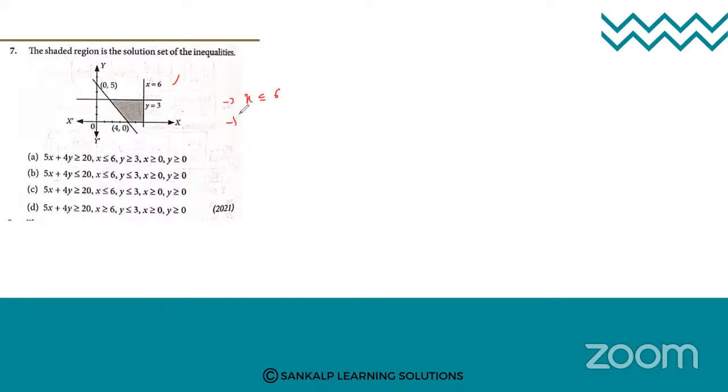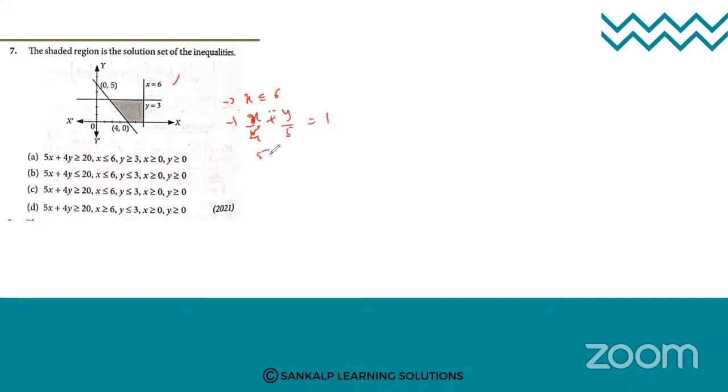And then next, we have this region with intercepts 4 and 5. So it will be x upon 4 plus y upon 5 is equal to 1.